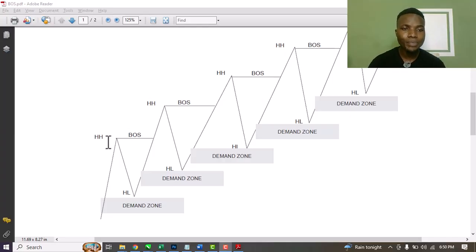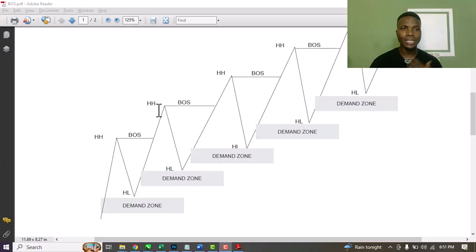Then when price breaks the previous higher high, at this range here, that is where we have our breakout structure. So now you know that after price breaks this high, price moves all the way up here. When price moves all the way up here, price cannot keep going in a straight line. Price needs to buy fuel before it continues the movement.